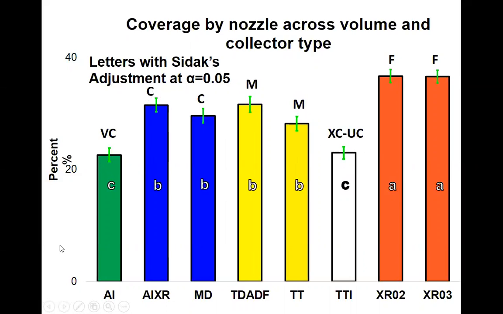The y-axis is the percentage of coverage on the drift card or the spray card. So the fine droplets give you the best coverage overall, followed by the medium droplet size and coarse droplet size, and then followed by very coarse and extremely coarse droplet size. So everything started to make sense here.